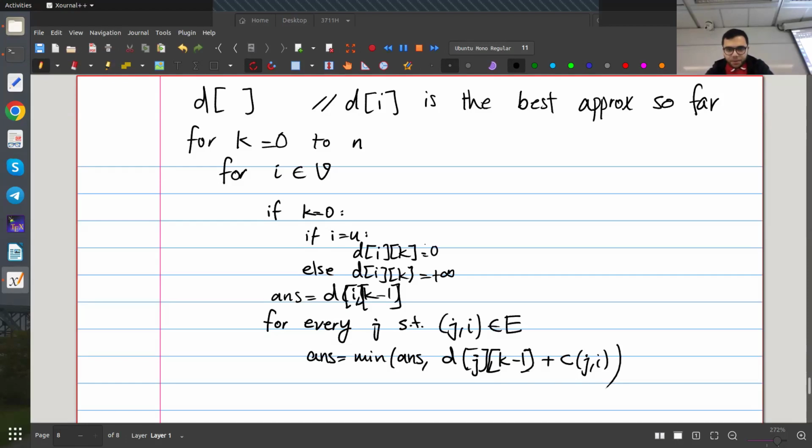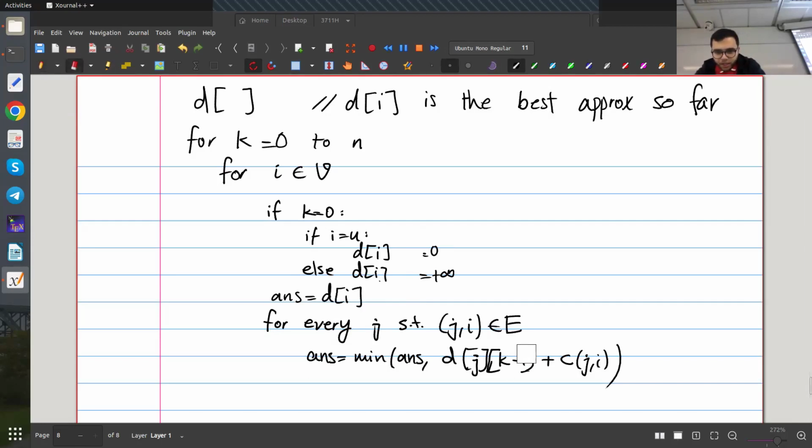I'm going to do the same algorithm and I'm just going to drop this second part. Because I have just the distance to vertex i, when I have 0 steps, the distance is just 0. When I have 0 steps and it's a different vertex, the distance is plus infinity. Otherwise, I start with the distance to i, and here I also drop that. Just say the distance to j.